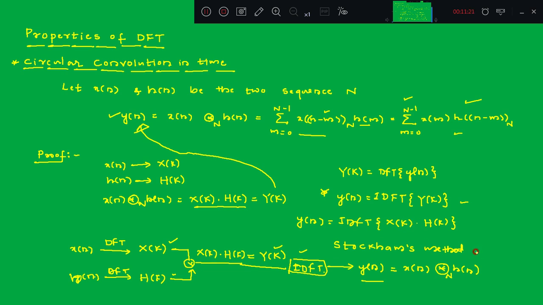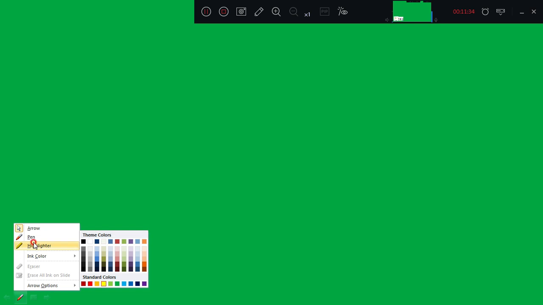So now let us use this Stockham's method to prove this circular convolution in time. I hope you understood what Stockham's method for computing a circular convolution is, right?